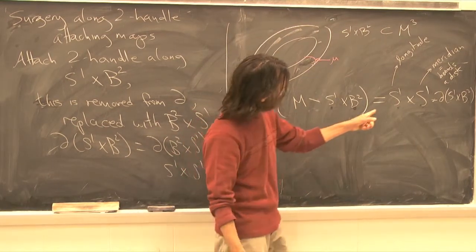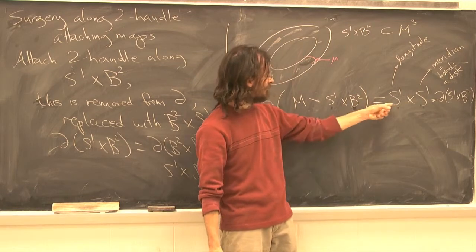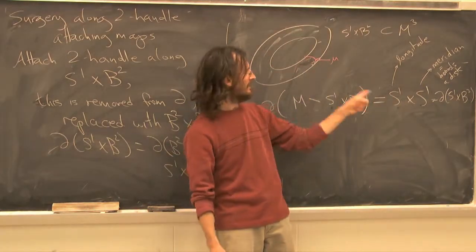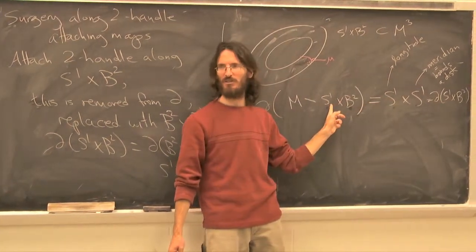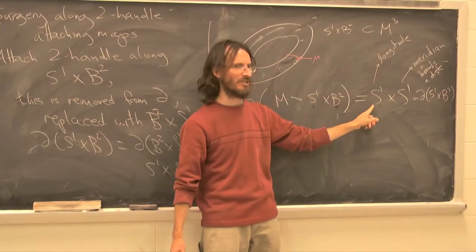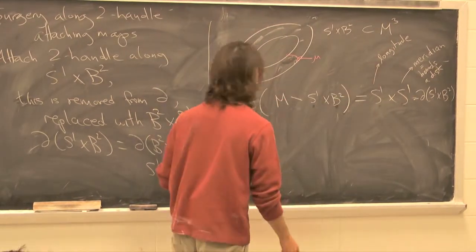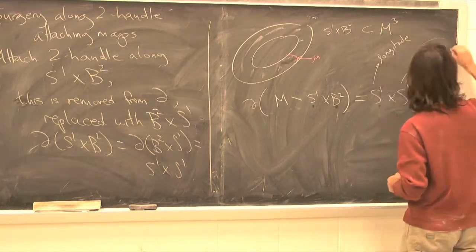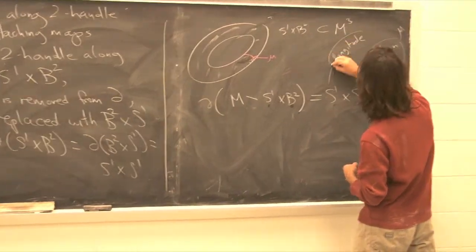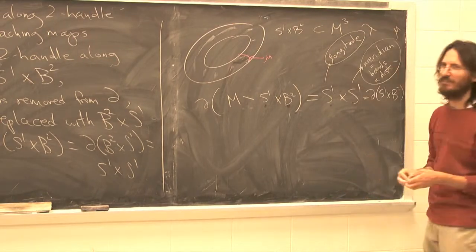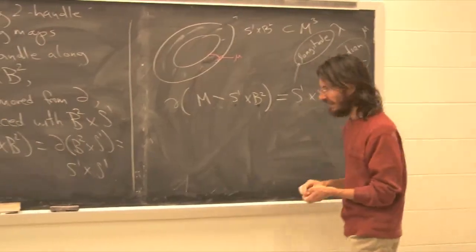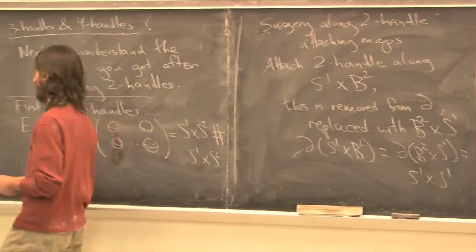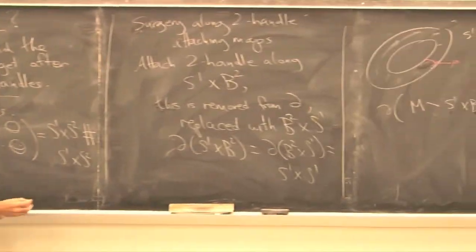Now, but we have to be a little careful here. There are many different ways. This is basically a push-off of S1 cross 0. The longitude is push-off of S1 cross 0. I often use mu for meridian and lambda for longitude. Okay? And so now I need to draw a longitude here.